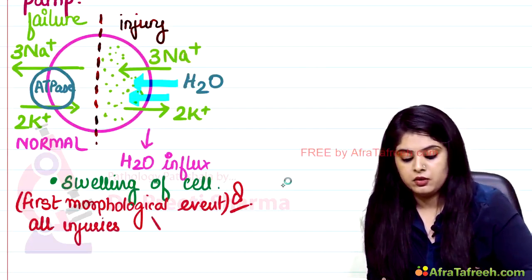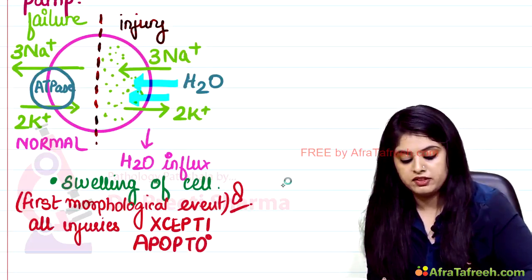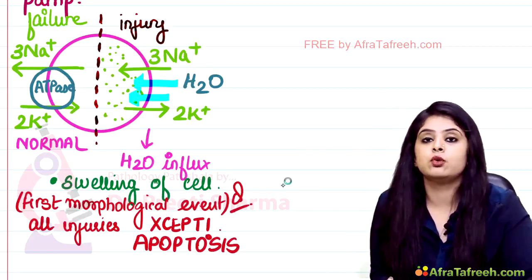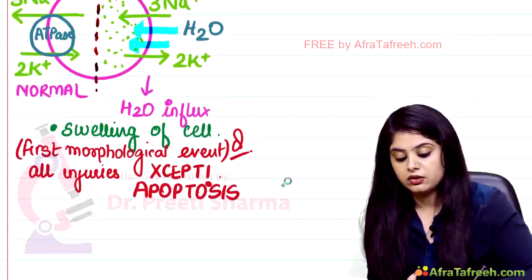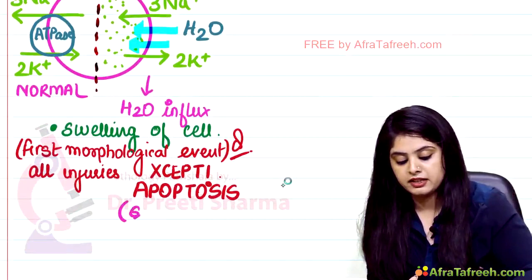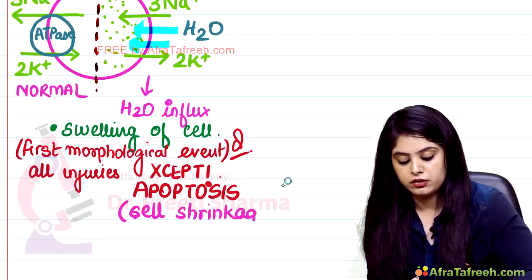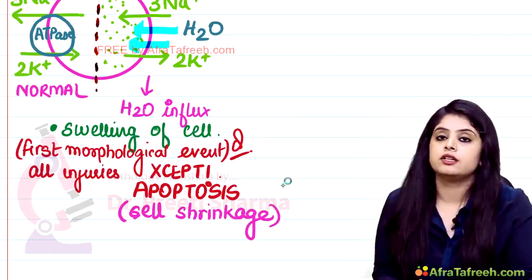But remember, when you go to apoptosis, and when we discuss apoptosis, we will read over there, the cell does not undergo swelling. In fact, there is going to be cell shrinkage.